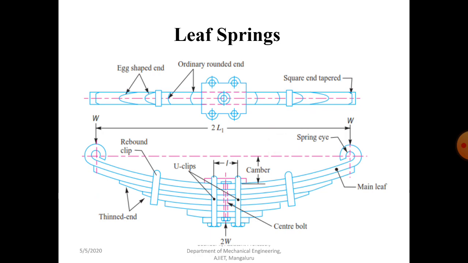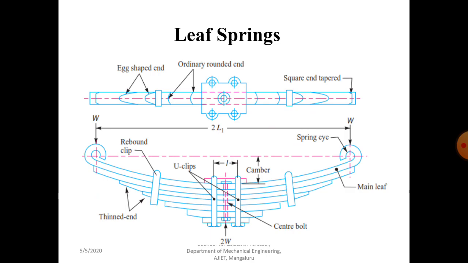So i is nothing but the total number of leaves in the leaf spring. iF is the number of extra full length leaves, and iG is the number of graduated length leaves including the master leaf. And the leaves have a width and thickness.